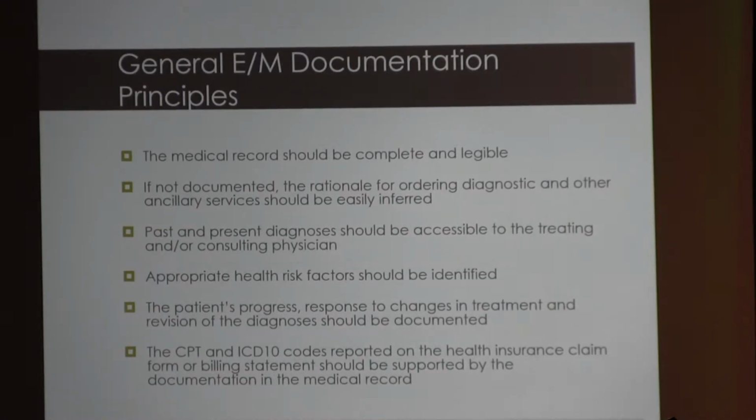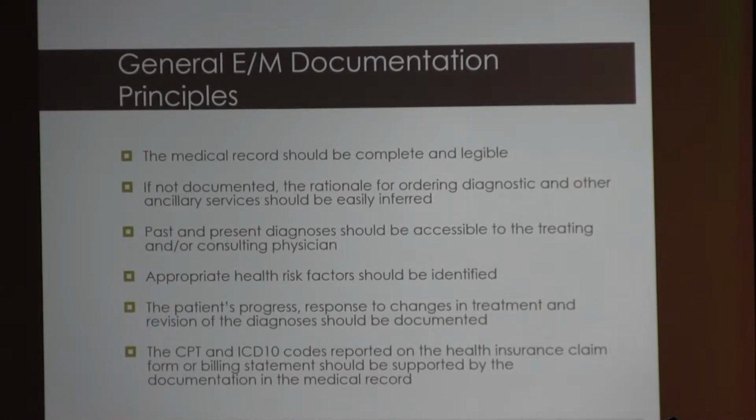So in general, E&M documentation, the medical record needs to be complete, it needs to be legible. The rationale for why you're ordering the diagnostics and other ancillary tests needs to be easily inferred based off the documentation. The past and the present diagnoses should be easily accessible to the treating physician.